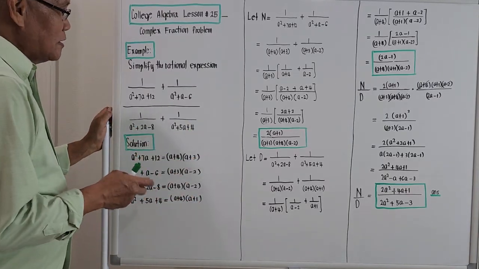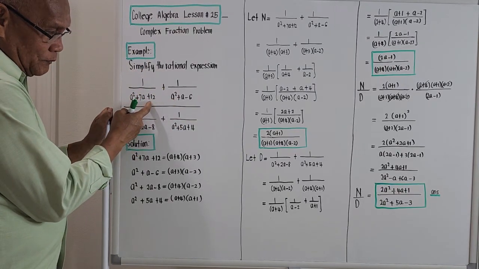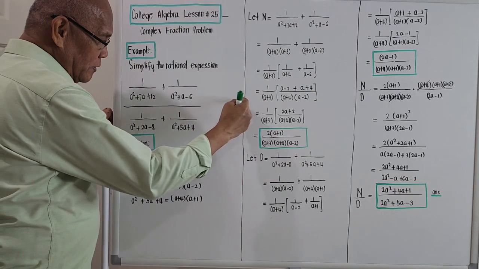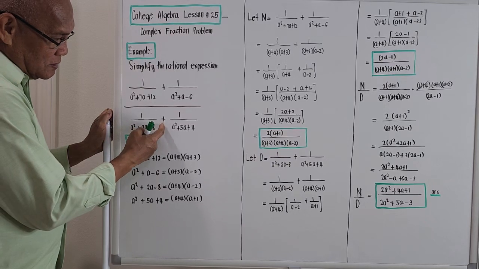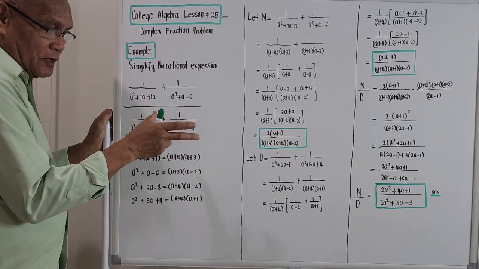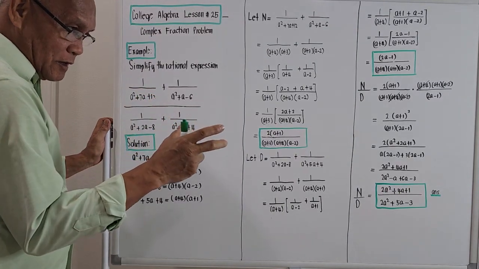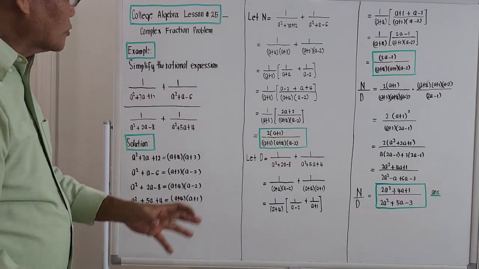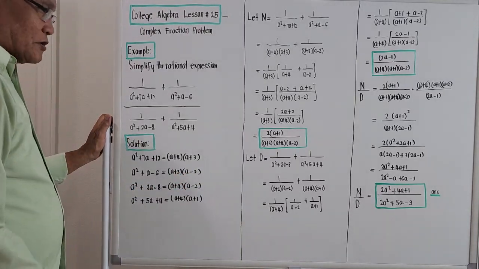I will try to read it: 1 over a squared plus 7a plus 12, plus 1 over a squared plus a minus 6, all over 1 over a squared plus 2a minus 8, plus 1 over a squared plus 5a plus 4. So the numerator contains two fractions, and the denominator contains two fractions. So this is to be considered a complex rational expression, or in layman's language, a fraction. Okay, let's try to bring out the solution.